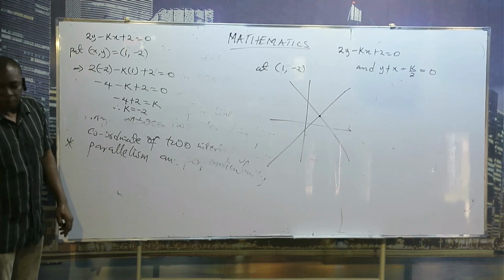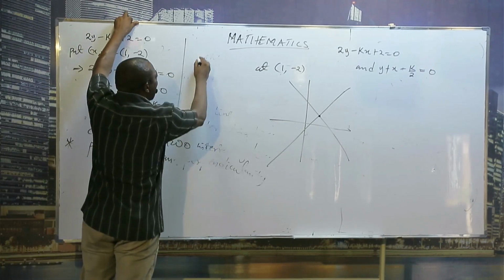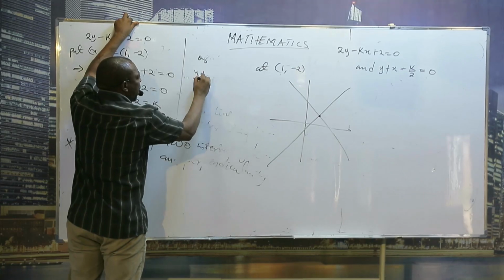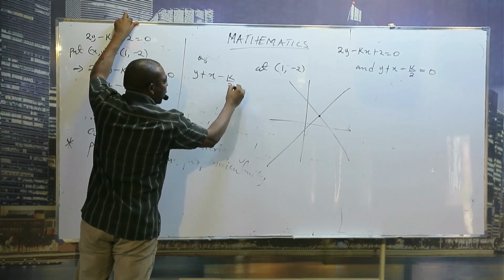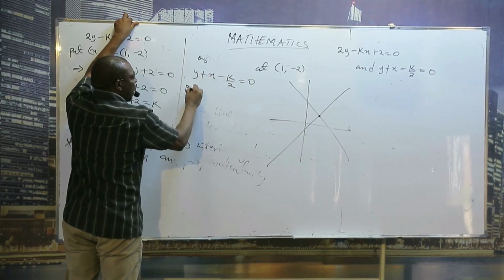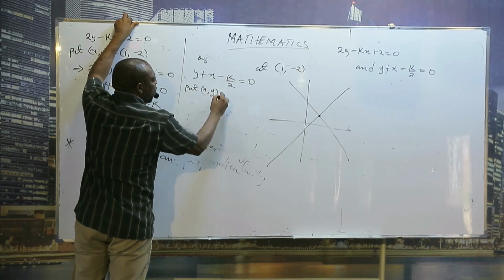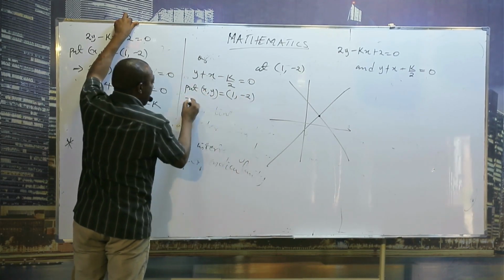Now, if I don't want to do that, I will take the second equation. I will put x, y, which is 1, minus 2.